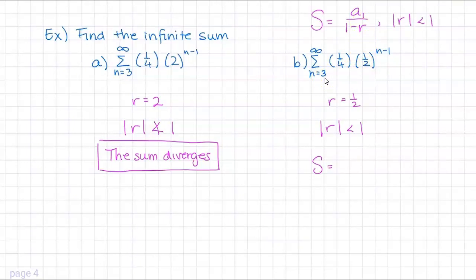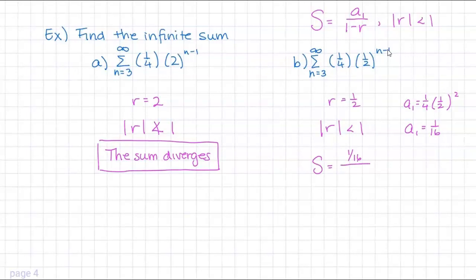A sub 1 is going to be 1/4 times 1/2, to the power of 3 minus 1, which is 2. And when you work that out, you're going to get 1/16.